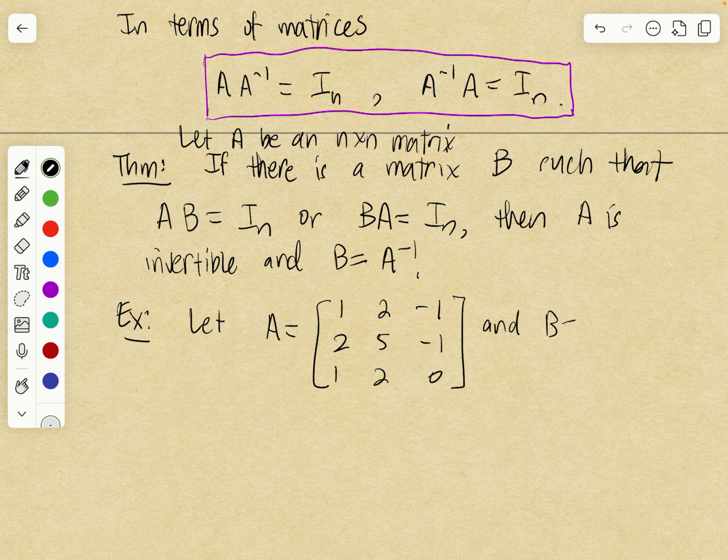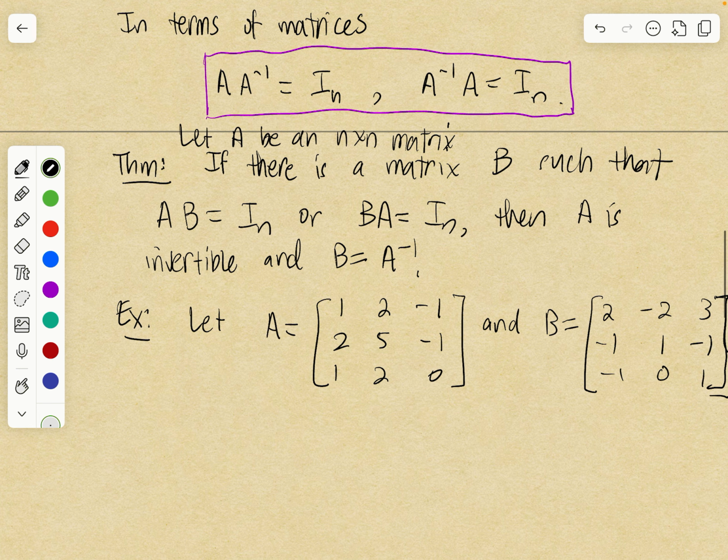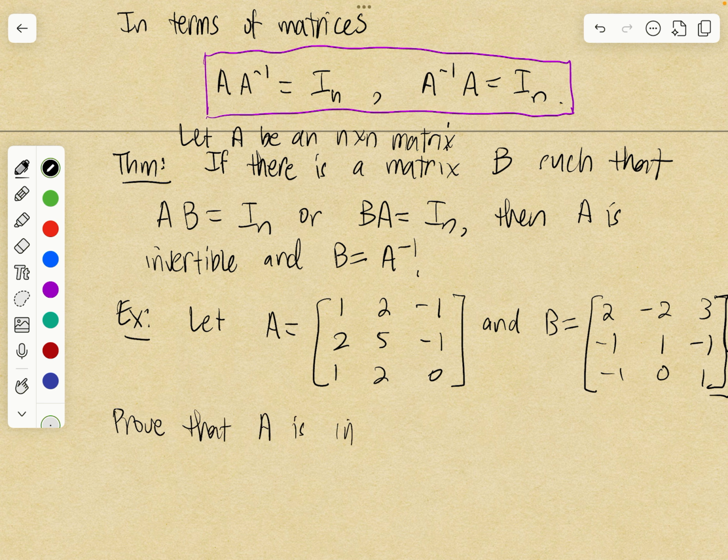And let's say that B is the matrix, and I'm reading off the rows: 2, negative 2, 3, negative 1, 1, negative 1, negative 1, 0, 1. Okay. So I have these two matrices, and the question says, prove that A is invertible and find the inverse.